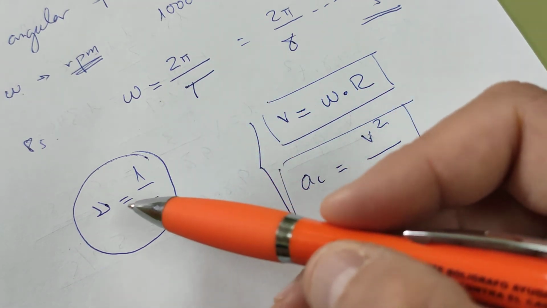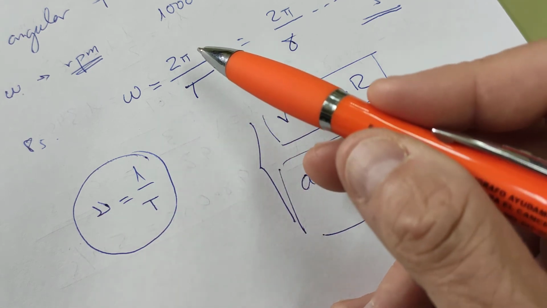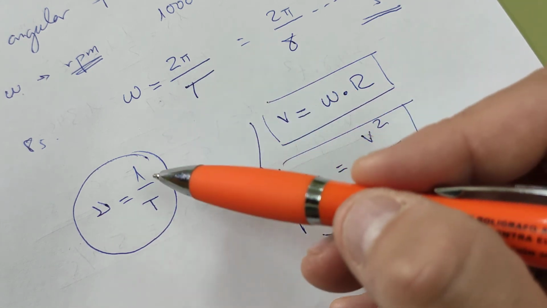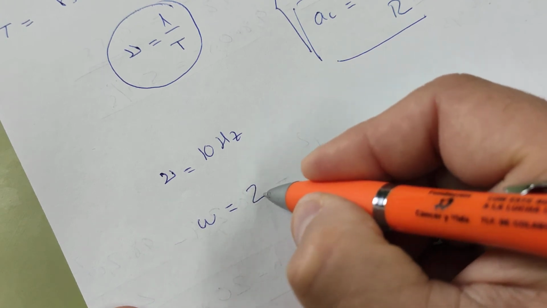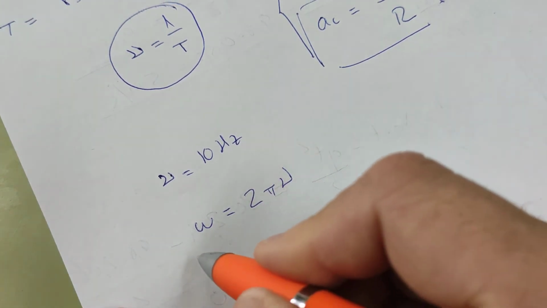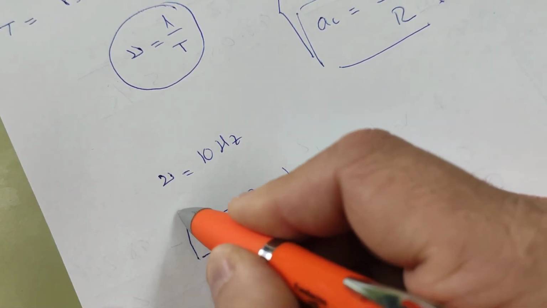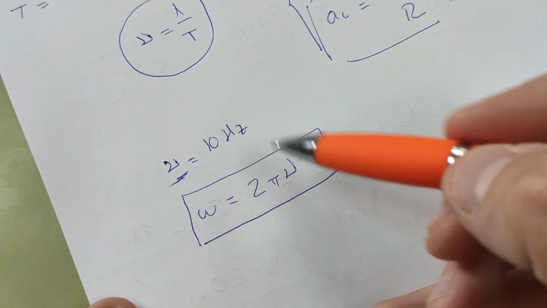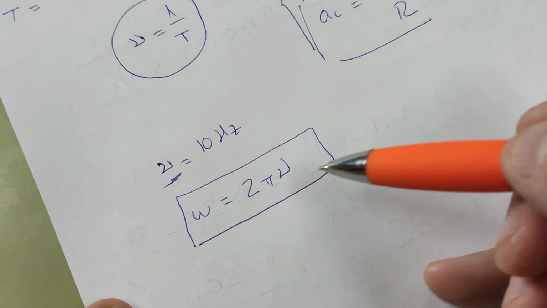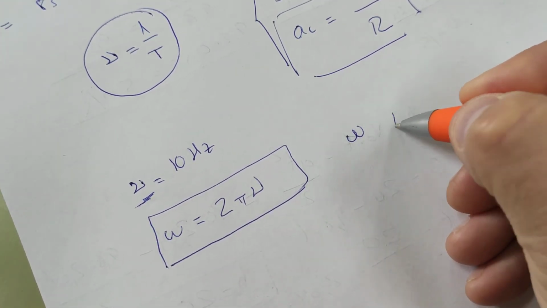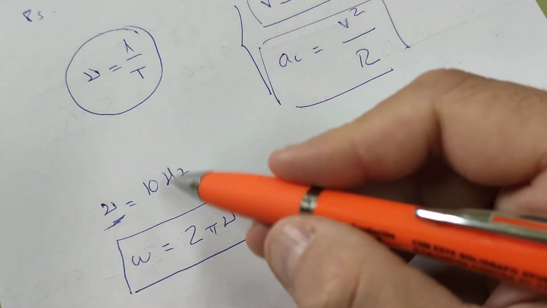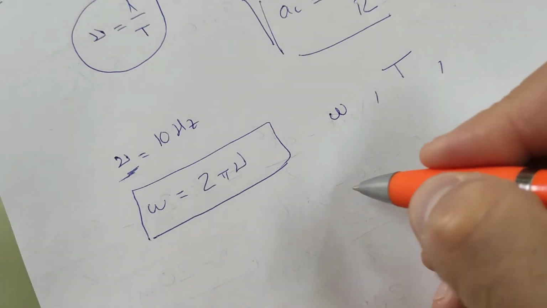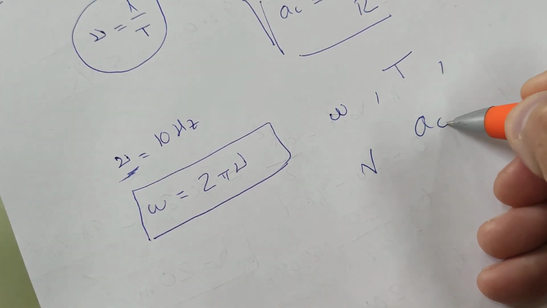As 1 divided by period is frequency, if we change here 1 divided by period by frequency, we get this other formula, 2π times frequency. Then in the problem where we have as data the frequency, we start this way. With this we can calculate omega, we can calculate period, it's just 1 divided by 10, and with the radius, velocity or centripetal acceleration.